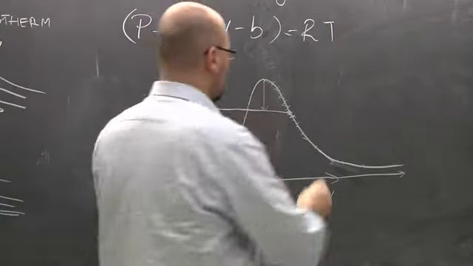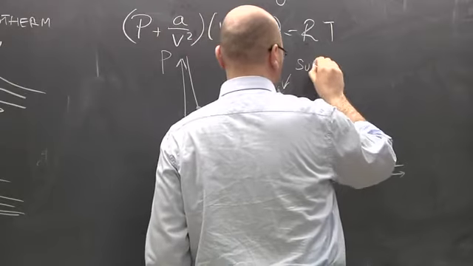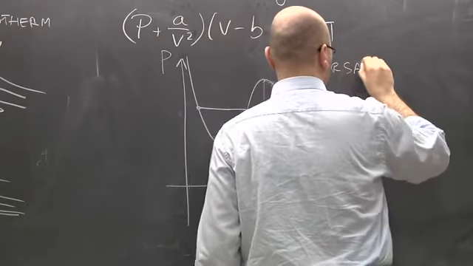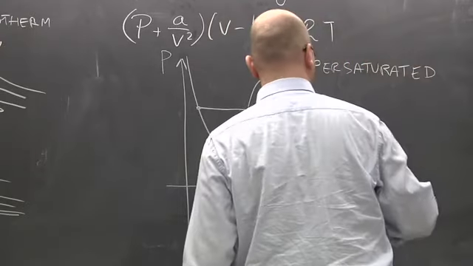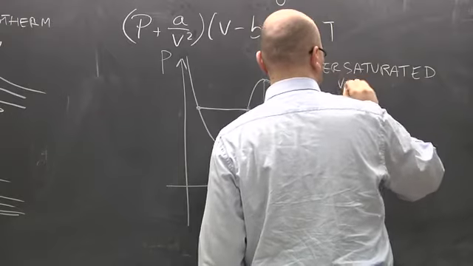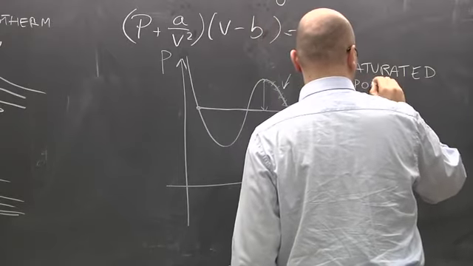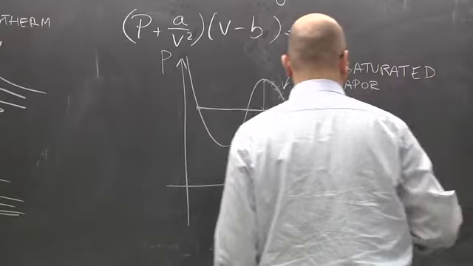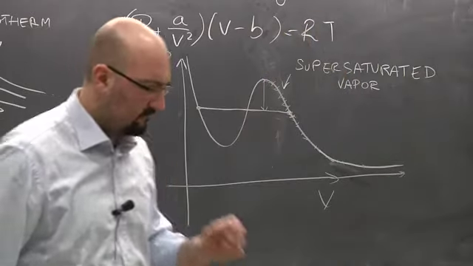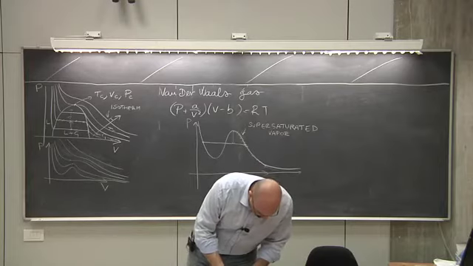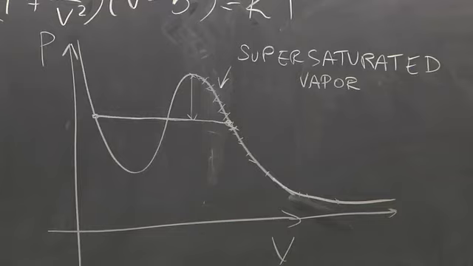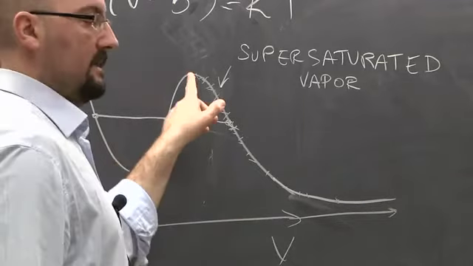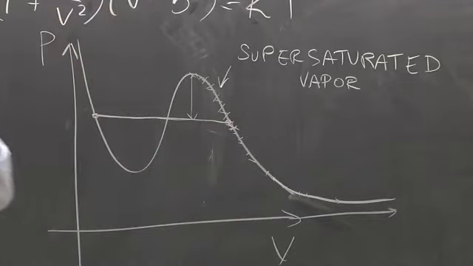This is called the supersaturated regime. It's vapor, with no U. So the flat line is not the maximum. It's really something different. Okay?